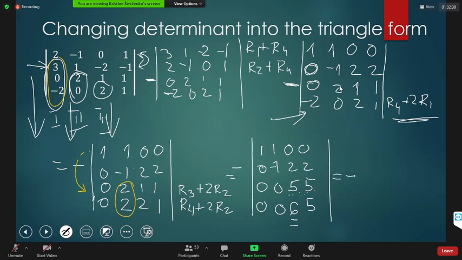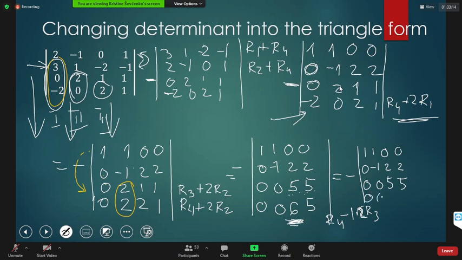I can still use 1, 1, 0, 0, 0, minus 1, 2, 2, and then 0, 0, 5, 5, and here I will have row 4 minus 1.2 row 3, because 1.2 multiplied by 5 will give me 6. And I need 6 to destroy this 6.